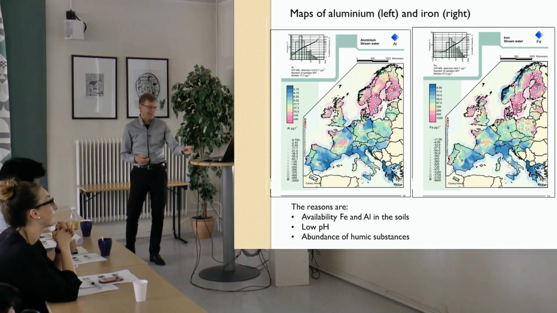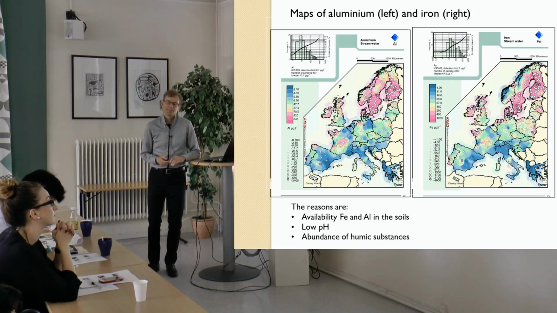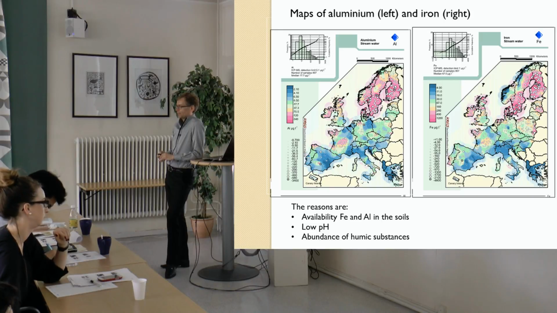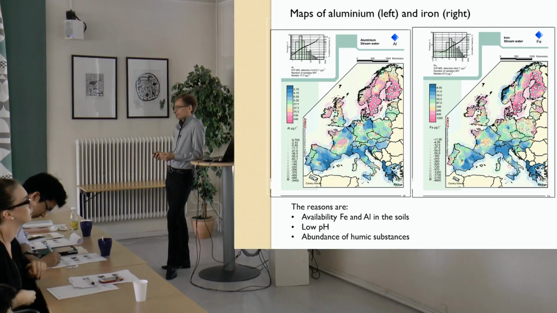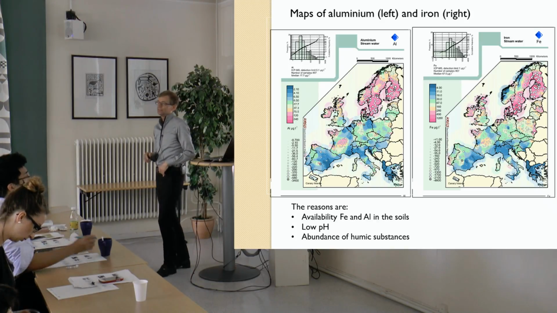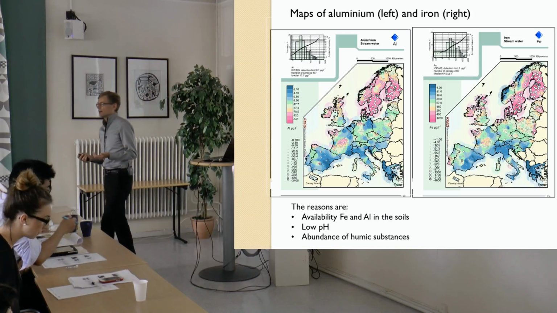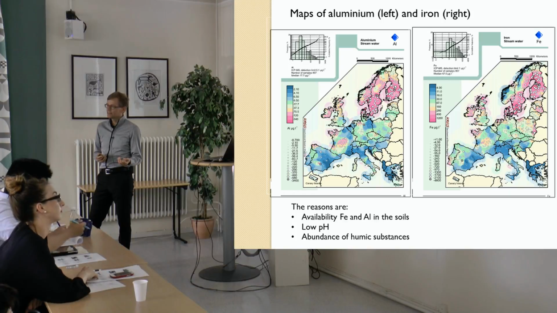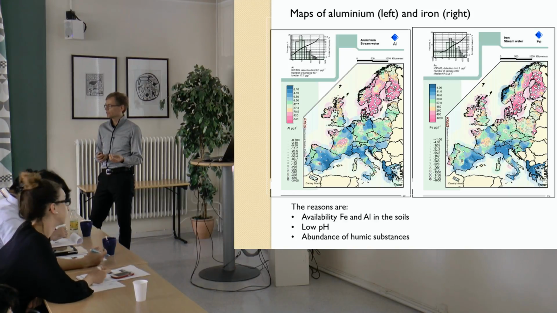And one more thing, the humic substances. As I said earlier, these have high capacity to catch and transport metals, including iron and aluminium. So now we see how everything goes together. Humic substances are leached, color the waters.